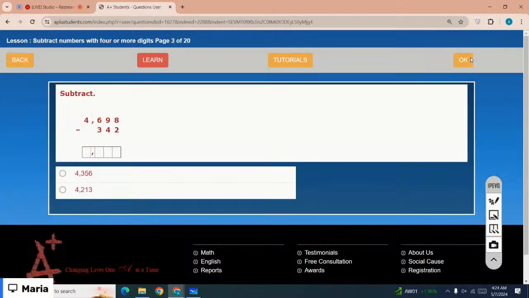The next one is 4698 take away 342, which is the correct option.